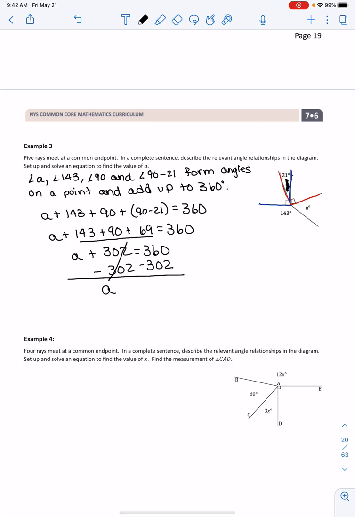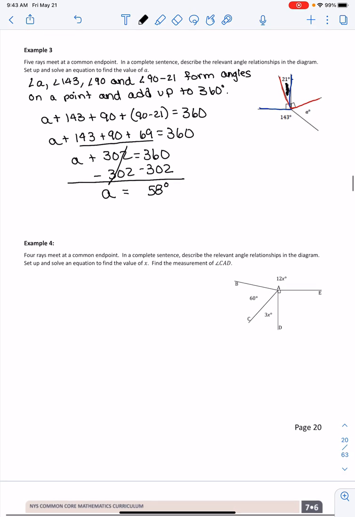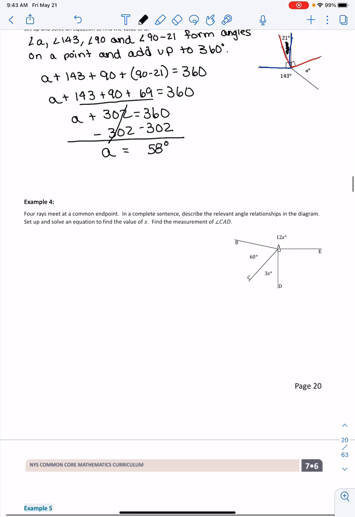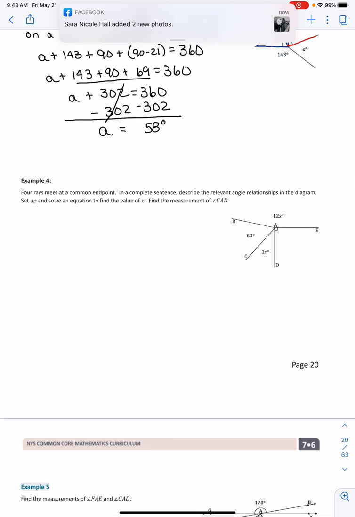So I have A on the left side. On the right-hand side, I have 58 degrees. For example 4, again, we have to write a complete sentence.